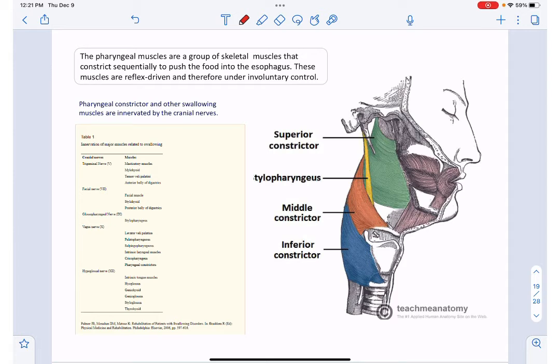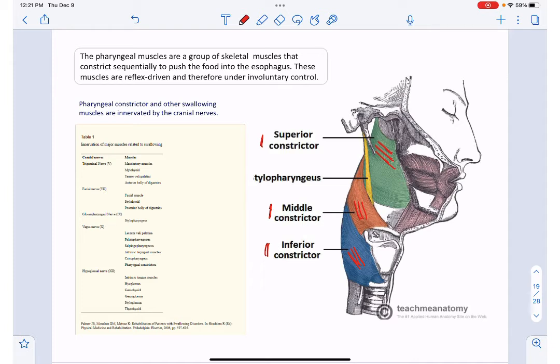And something that I want to point out is that this pharyngeal phase of swallowing is driven largely by skeletal muscles. And these are just a small example of some of the skeletal muscles that are involved in the pharyngeal phase of swallowing. And you think of skeletal muscles as being under voluntary control.